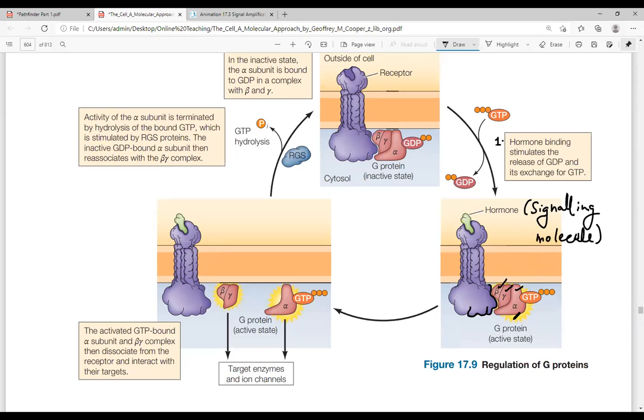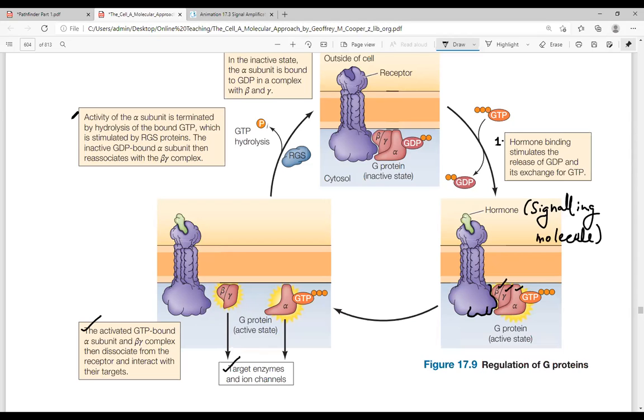Once activated, they will induce conformational changes and will target other enzymes as well as ion channels. The activated GTP bound alpha subunit and beta gamma complexes then dissociate from the receptor and interact with their target molecules.